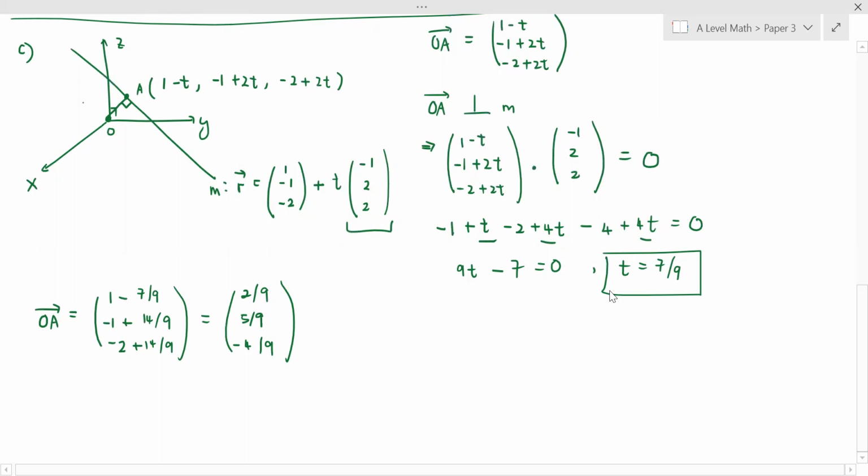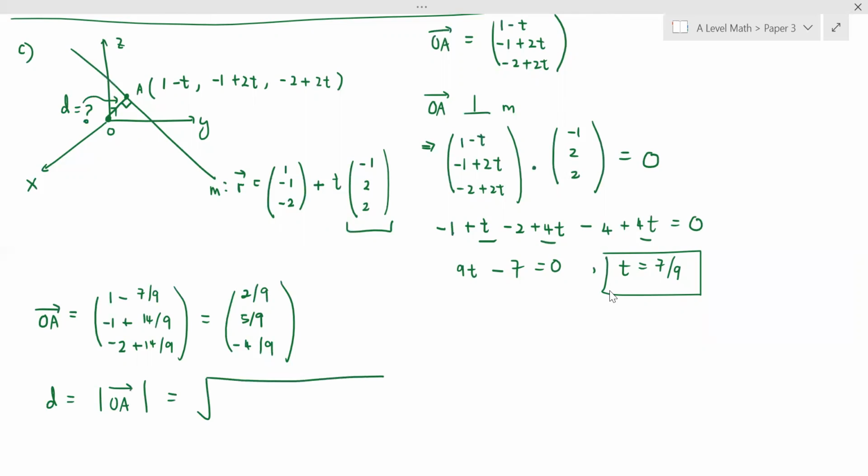We need to find this perpendicular distance, and that perpendicular distance is the magnitude of vector OA. So that will give us the positive square root of the sum of squares of the components.